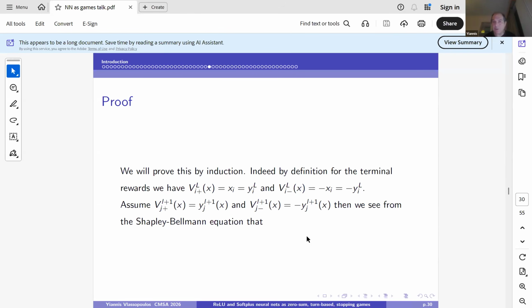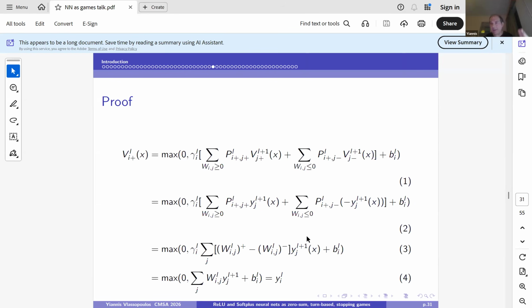Then you assume that the output of the J neuron is equal to the value at the J neuron L plus one state, and we show that at the L state you also get the output of the neuron being the value. Everything is basically set up so that this works.